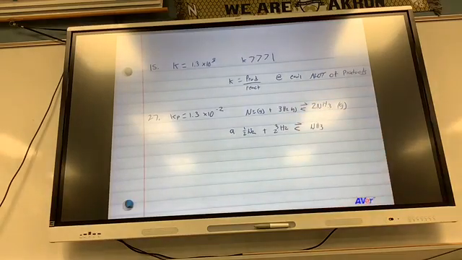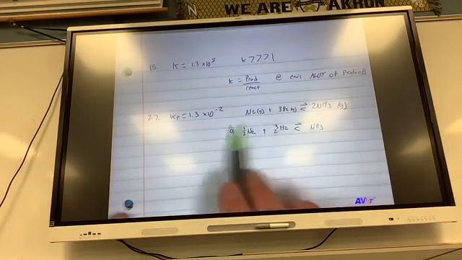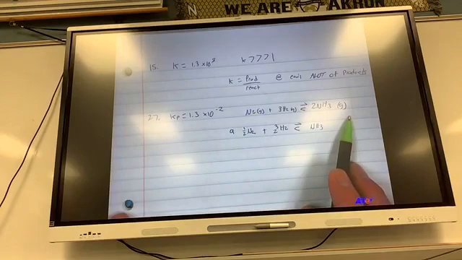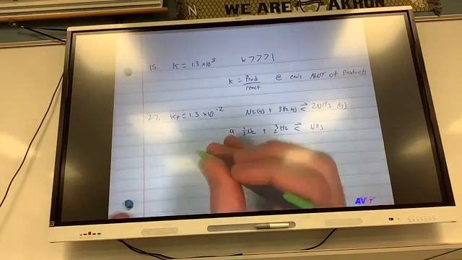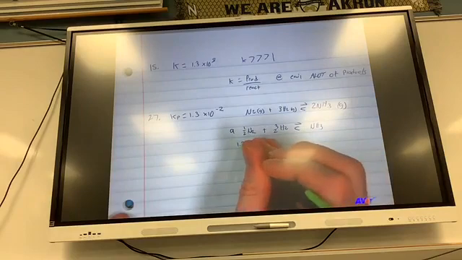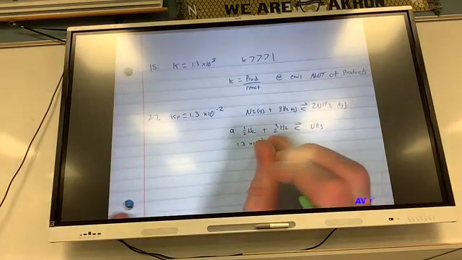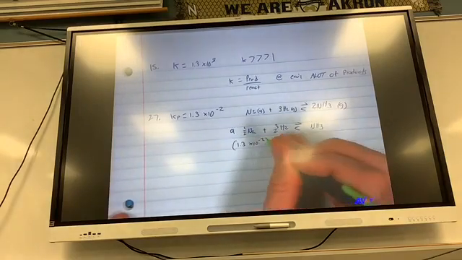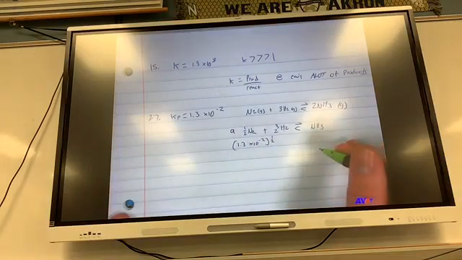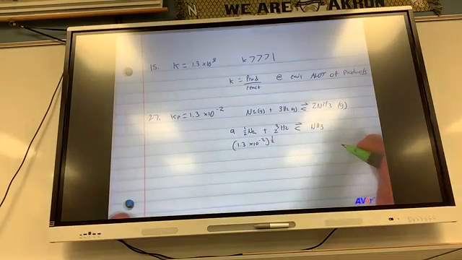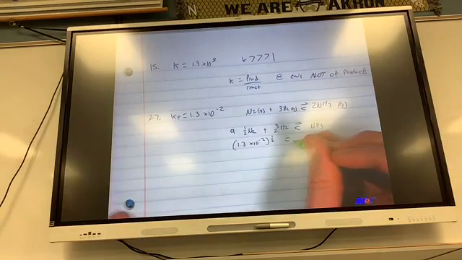So from the notes, I divided this all in half. So when I divide in half, that means I have to raise my K to the 1/2 power. So for A, 1.3 times 10 to the negative second, that whole thing to the power of 1/2, which is also the same as square root, is equal to 0.11.